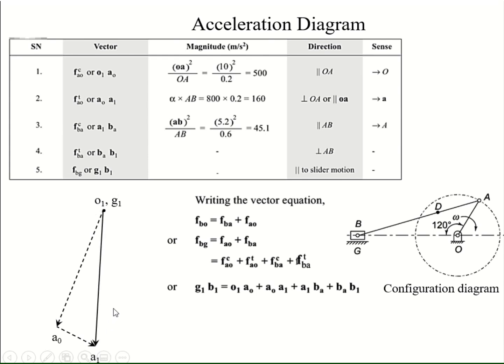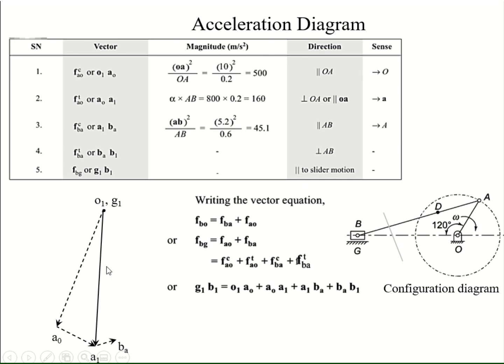Next, we know the direction of the third vector, which is the centripetal acceleration of BA. So this is the direction, and transferring this direction to the acceleration diagram, because its magnitude is also known, we can draw this vector over here. Next, we also know the direction of the tangential acceleration of BA, which is the fourth vector.